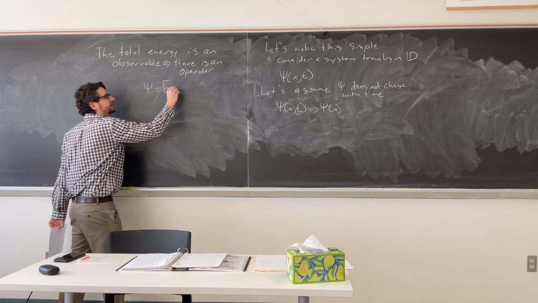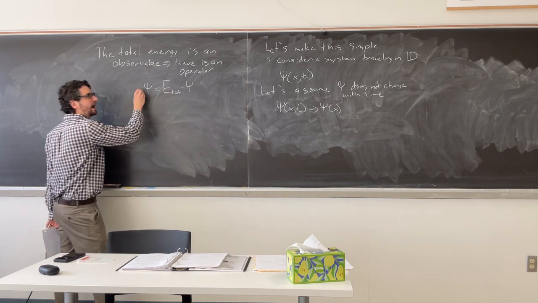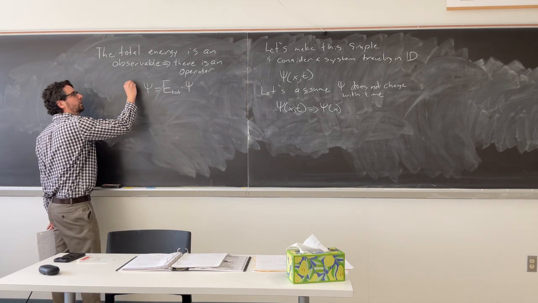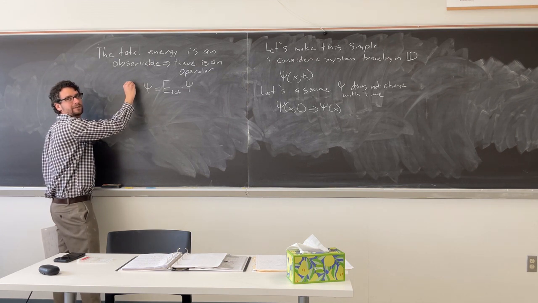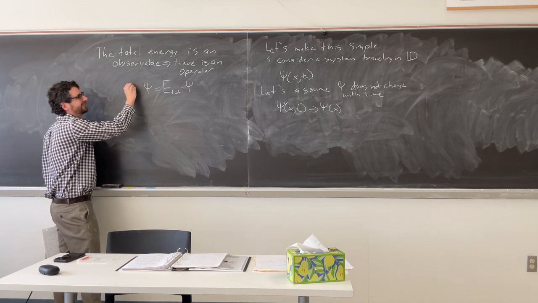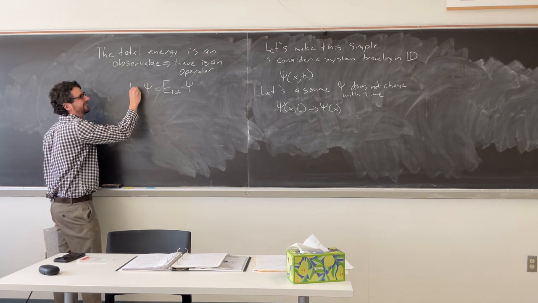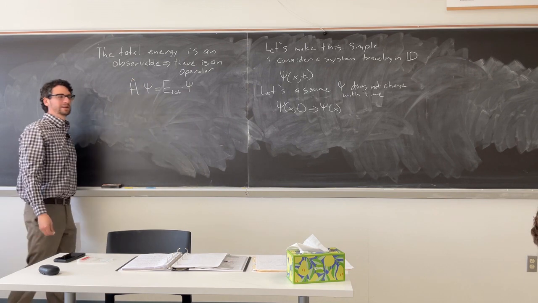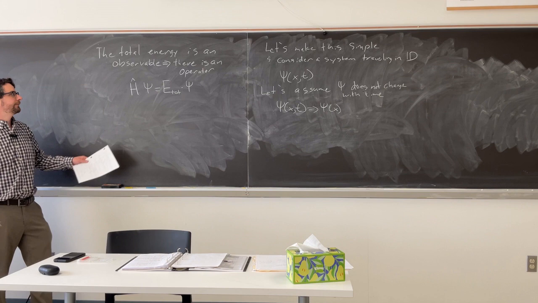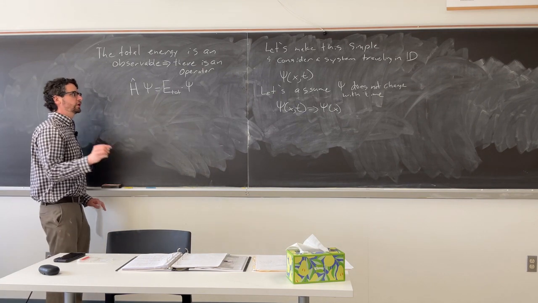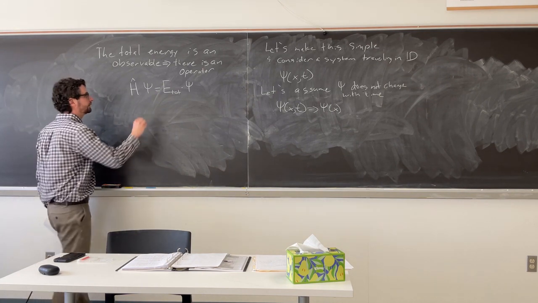Okay, so we need psi. We got to operate on it, and then we get our scalar. What symbol are we going to give this operator? Yeah, that's the Hamiltonian operator. Okay. Oh, and our wave function only depends on what?